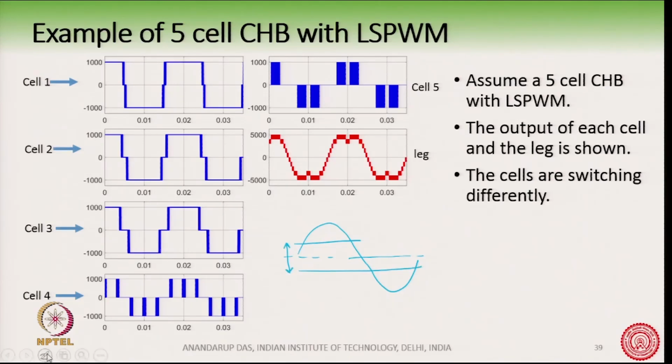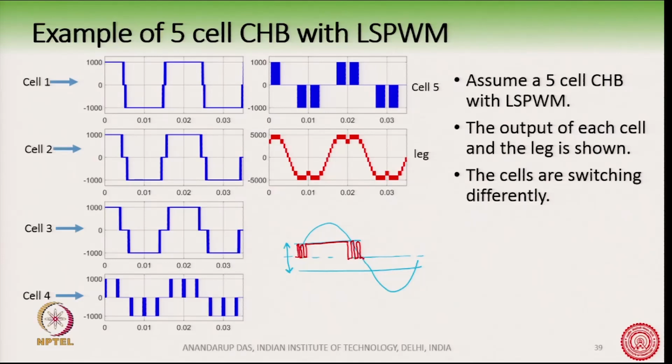So, of course, it means that cell 1 will do pulse width modulation or switching here and here, and the rest of the time it will be just turned on fully, so that it can support the next cell.